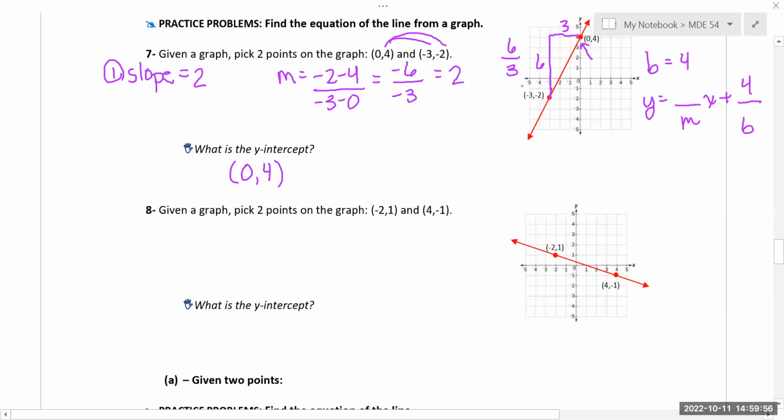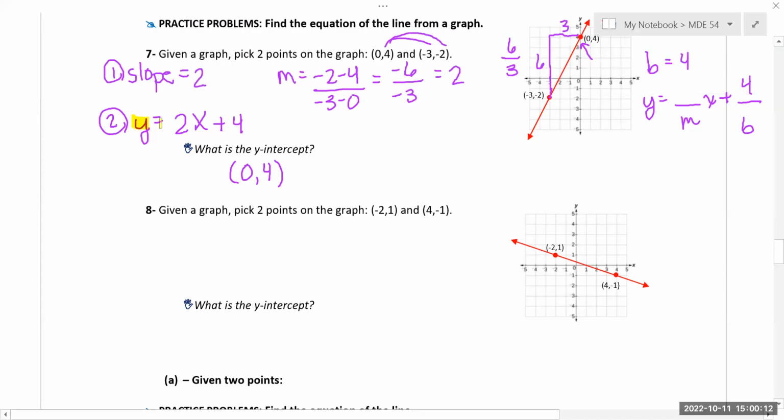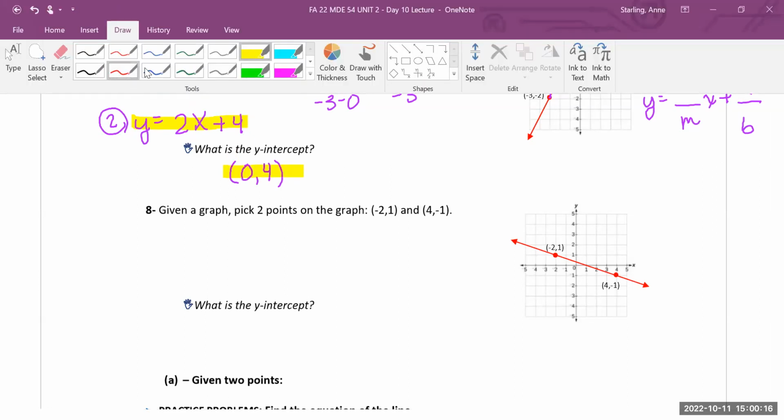So either way, you pick. And then step 2, I don't really need to do because I already have my m and I already have my b, so I'm done. So I don't really have a step 3 because I'm already solved.